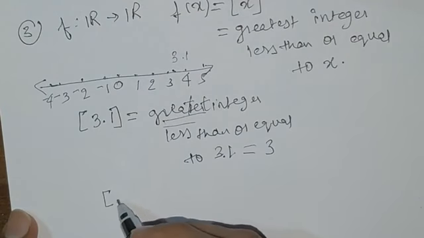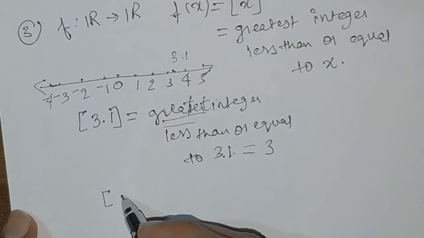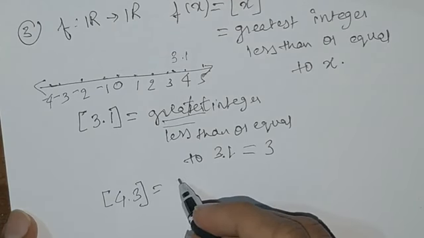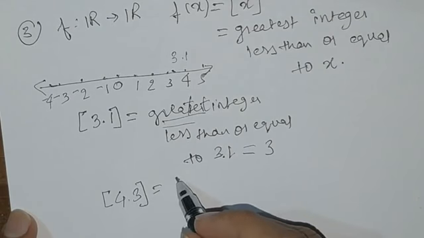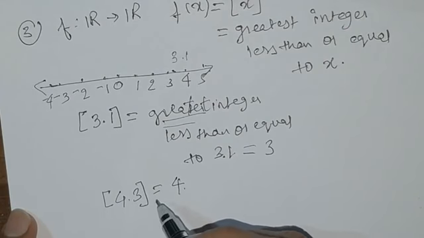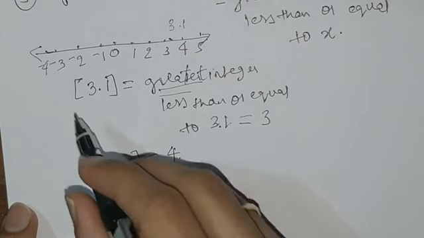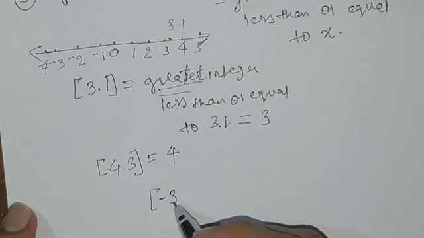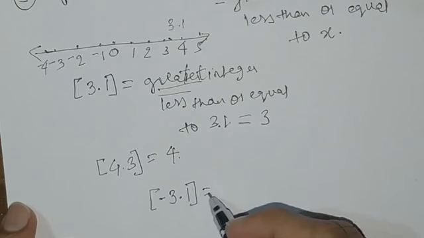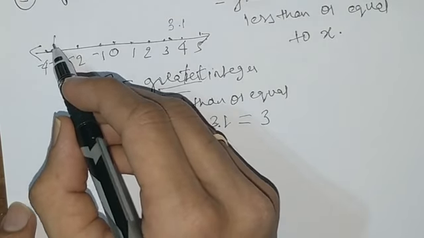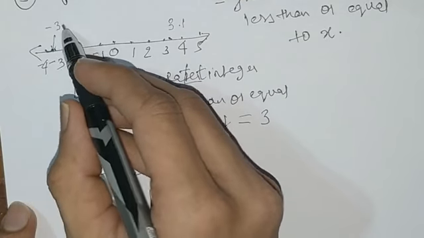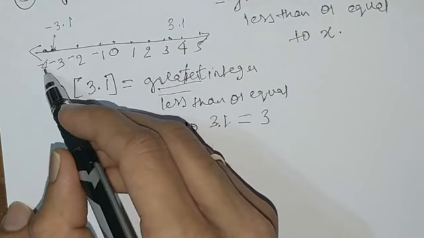Similarly, if you take the number 4.3, then the greatest integer which is less than or equal to 4.3 will be 4. Now if you want to find the greatest integer of minus 3.1, minus 3.1 is here, and this is minus 4 here.